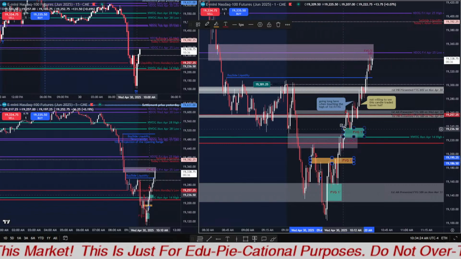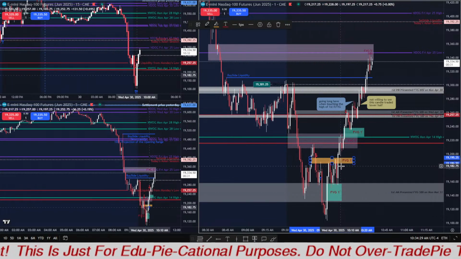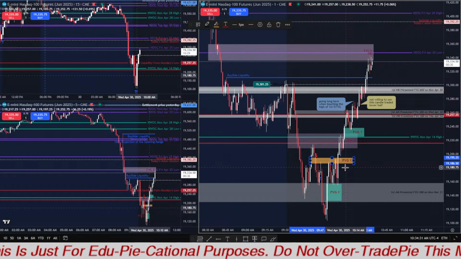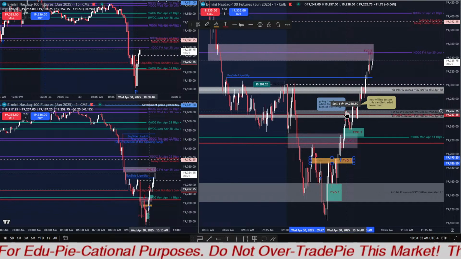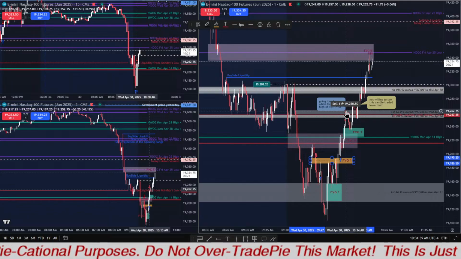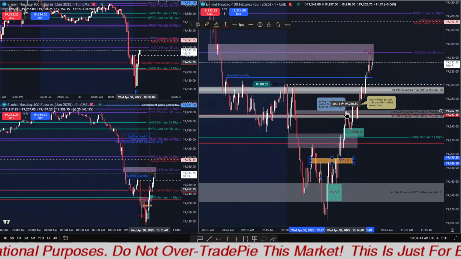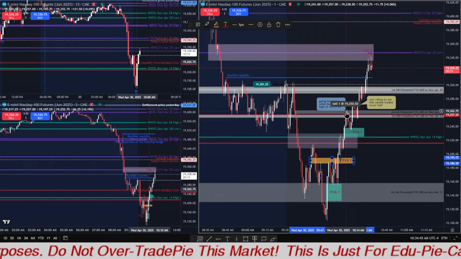So we traveled higher within 4 or 5 minutes. Let's see, 1, 2, 3, 4. Within 4 minutes, it delivered my target of $815, as I always set for covering the prices, and I got out over here.